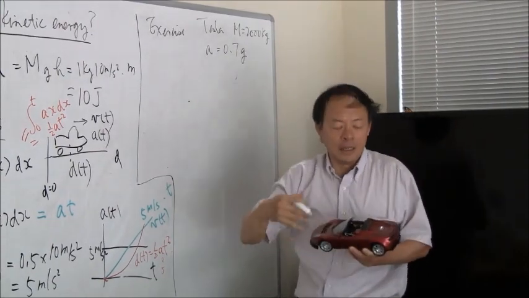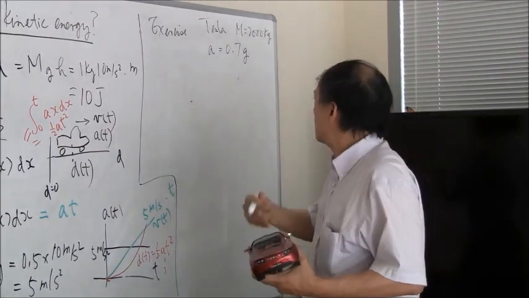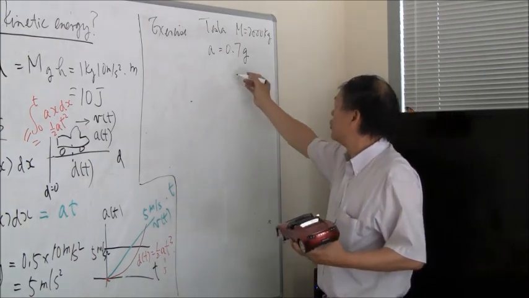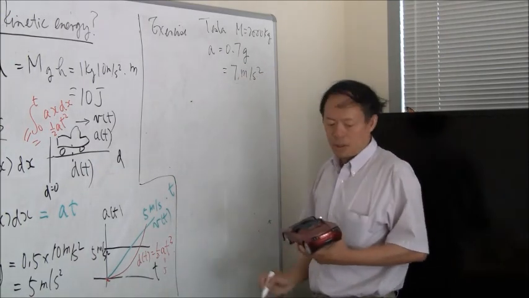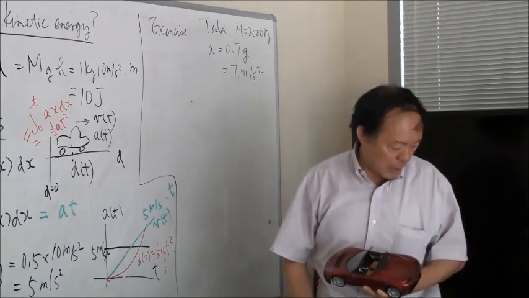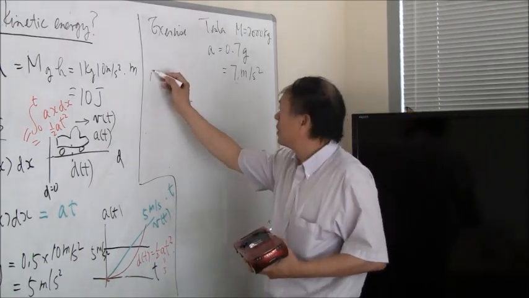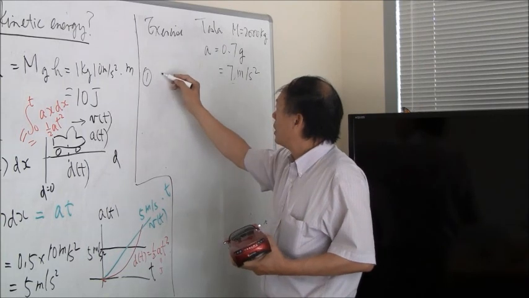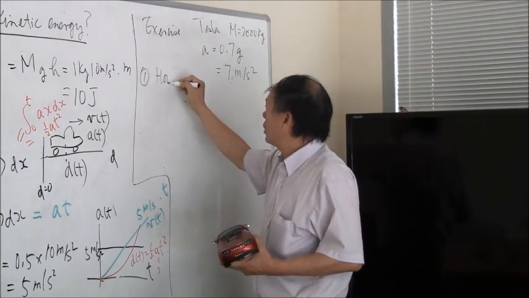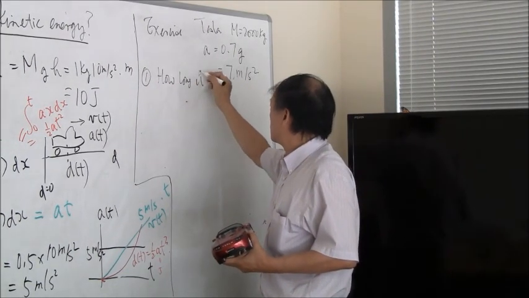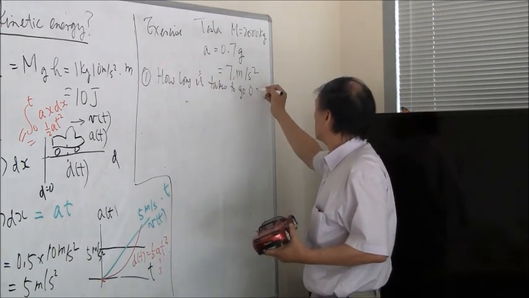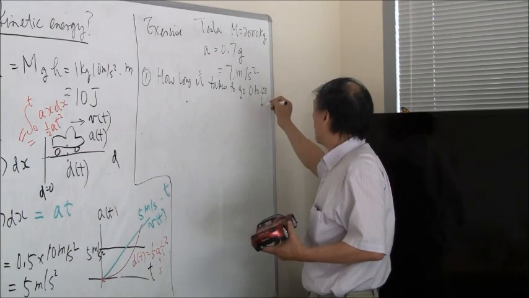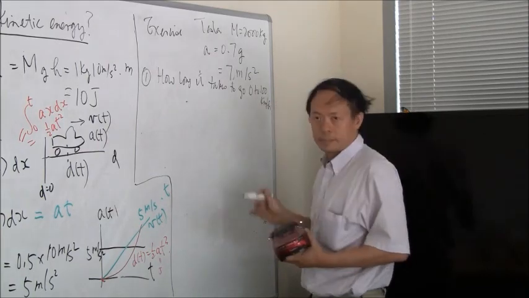Just assume that in the process of acceleration, it's a constant acceleration of 0.7 g, and therefore equal to 7 meters per second squared. So the first question we would like to ask is, how long does it take to go from 0 to 100 kilometers per hour?